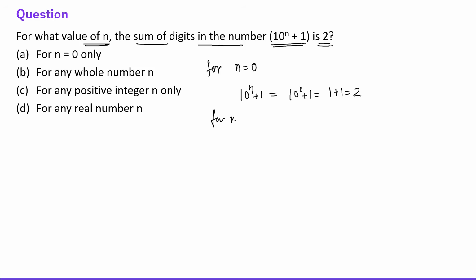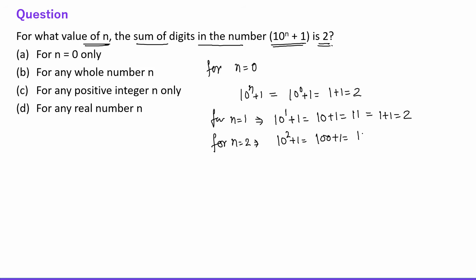For n equal to 1, this will be 10 raised to the power 1 plus 1. So this is 10 plus 1, which is 11. Sum of digits, they are saying. So 1 plus 1, the sum of digits is 2. For n equal to 2, 10 raised to the power 2 plus 1 is 100 plus 1, which is 101.